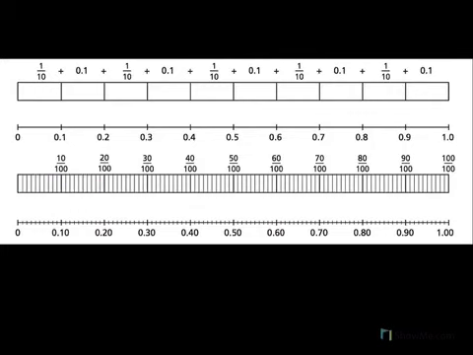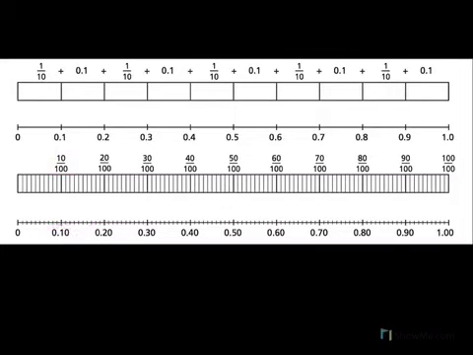So we're counting by 10 hundredths, 20 hundredths, 30 hundredths, 40 hundredths, and so on. The bottom number line is also counting by hundredths, but we have the decimal form. So 10 hundredths is the same amount as our fraction, 10 hundredths.